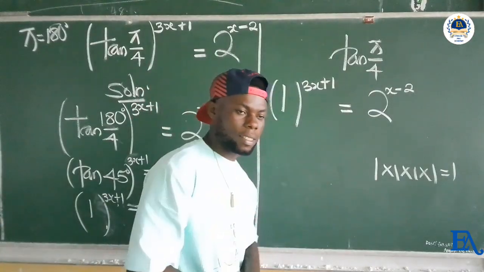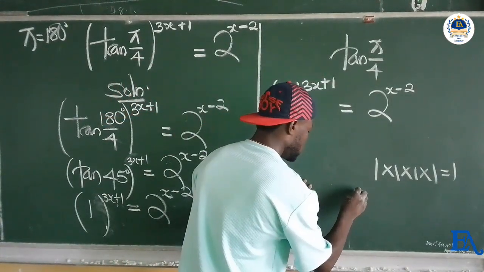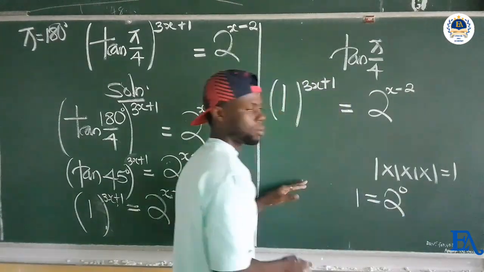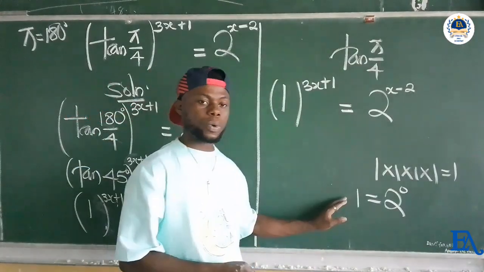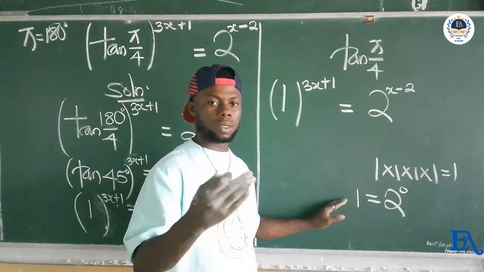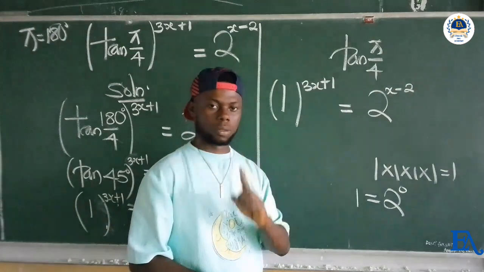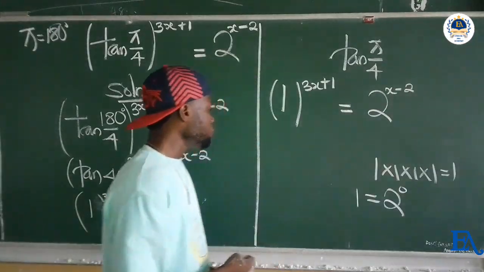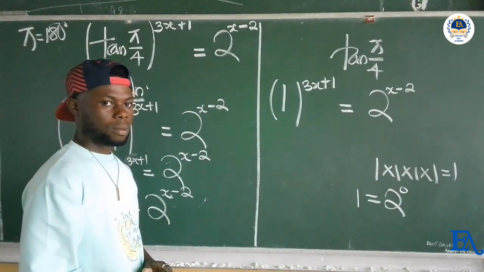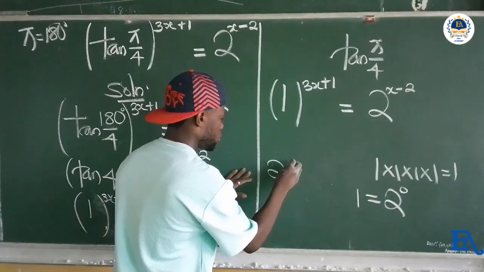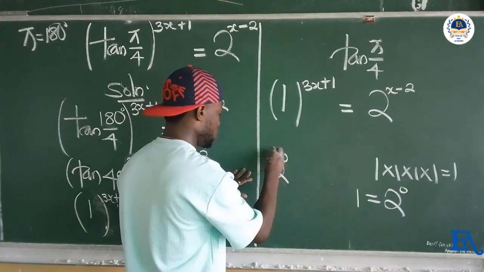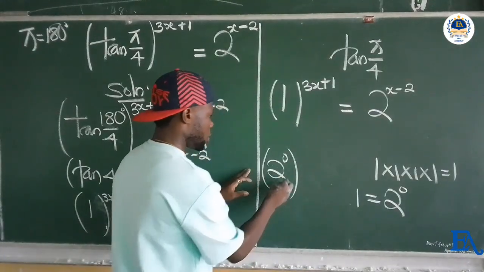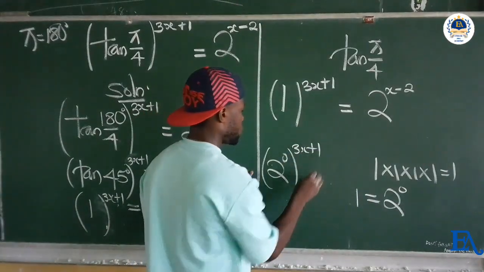In other instances, 1 is the same thing as 2 raised to the power of 0. Anything raised to the power of 0, according to the zero index law of indices, must be 1. 2 raised to the power of 0 gives 1. Then, if we substitute 2 raised to the power of 0 into this, because 2 raised to the power of 0 is 1, we are going to obtain this.